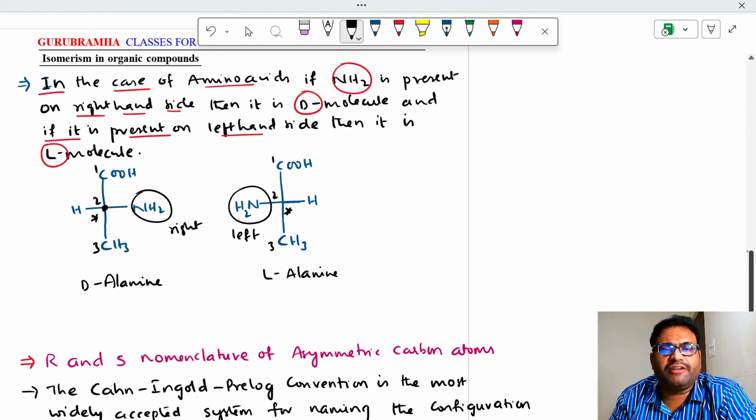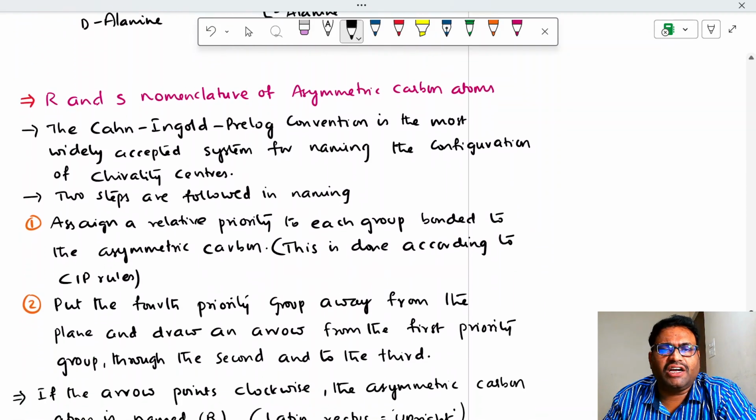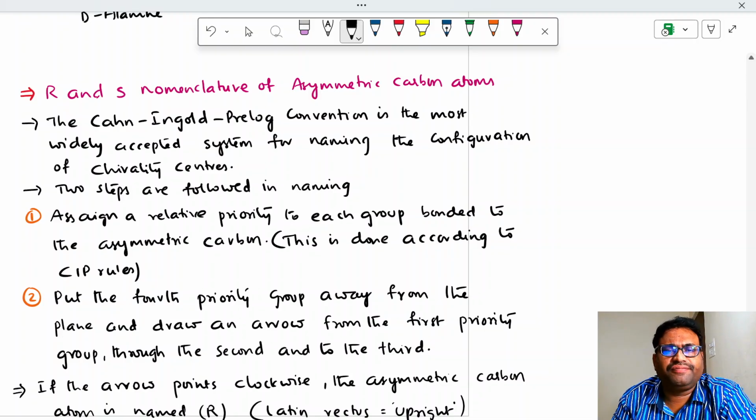Last but one carbon atom. Understood? Okay. So D and L nomenclature is very simple. In amino acids, if NH2 is present on the right side, then that is D. If NH2 is present on the left side in the last but one carbon atom, that is L amino acid. Understood? Simple thing.